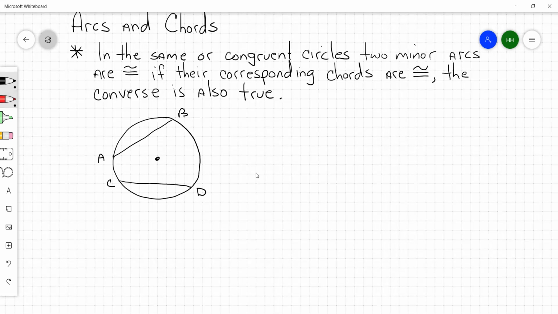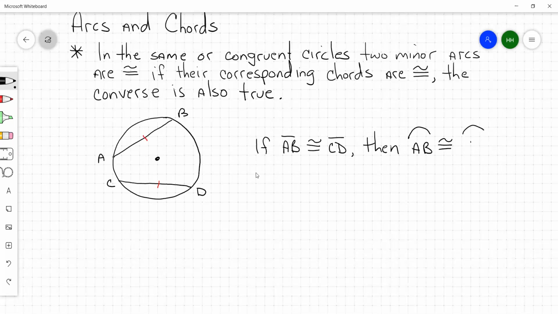If this chord right here, if A to B is the same length as C to D, if segment AB is congruent to segment CD, then arc AB is congruent to arc CD.